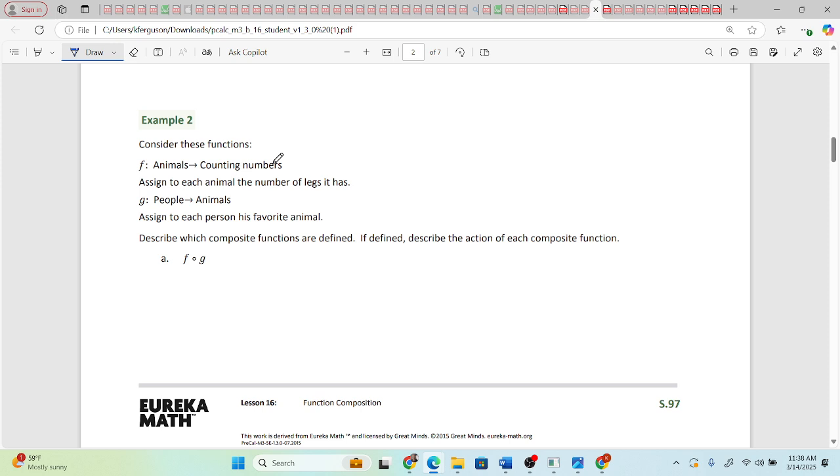What's your favorite animal? Panda. So if I put in Abria in my function G, I'm going to get out bear. And then if I put in Ella, what's your favorite animal?